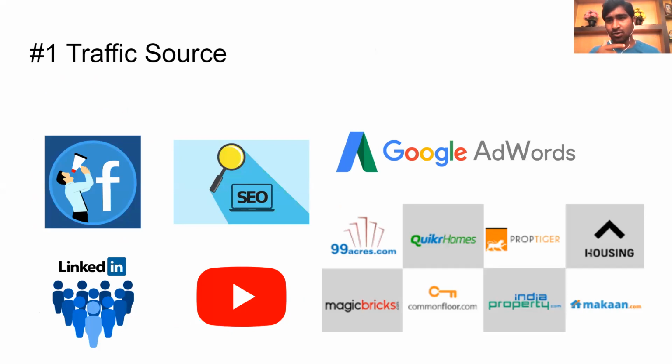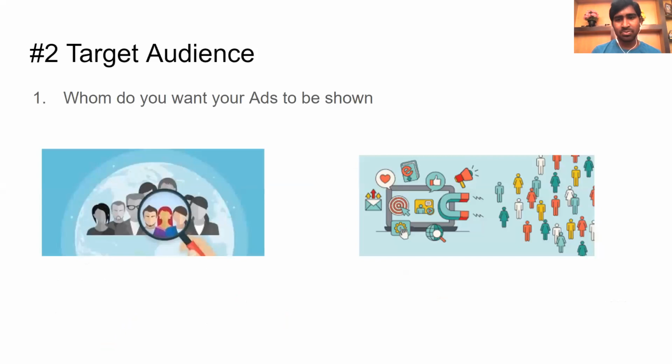I have another very detailed traffic source video on the YouTube channel, where I have discussed in detail 15-plus traffic sources, the organic and the paid traffic sources. But for real estate, Facebook ads, Google ads and these online portals will give you very good quality leads.